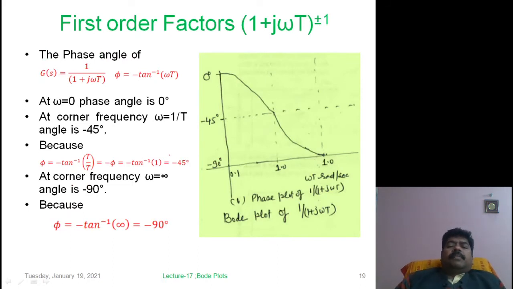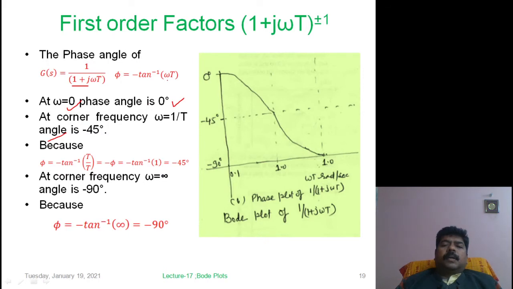And the phase angle for this factor, since this factor is lying in the denominator, what would happen? That can be written as phi equal to minus tan inverse omega T, since it is imaginary by real, so that will be minus tan inverse omega T. If omega equal to 0, the phase angle will be 0.